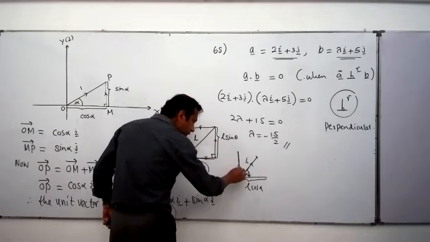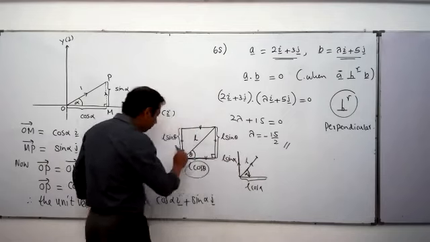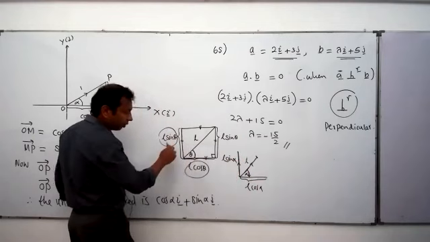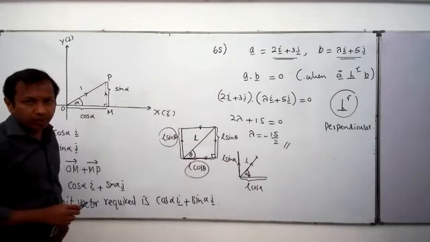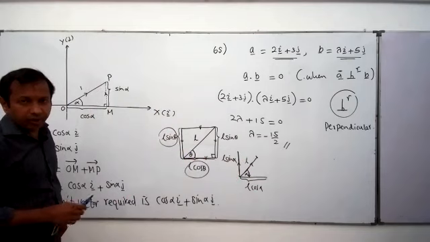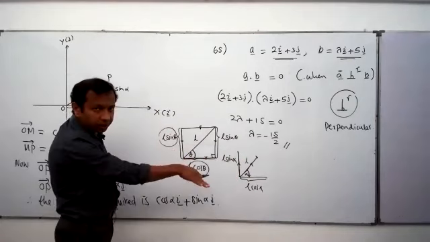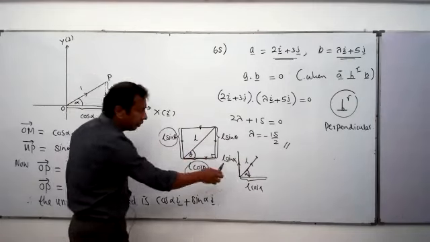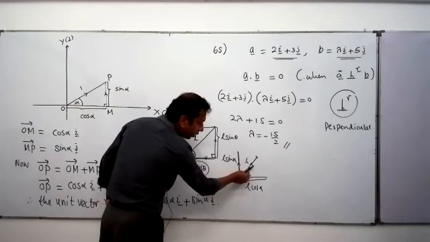The other side, L sin alpha. That means sin theta because this angle is theta. Therefore, we say towards the angle cos, other side sin.